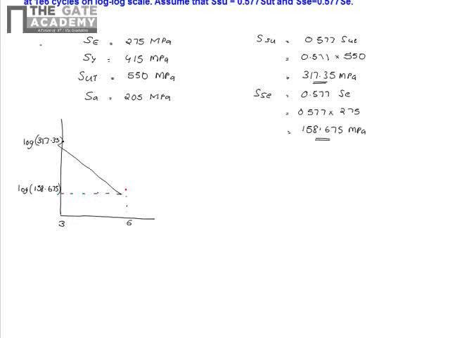Now we are given that the alternating stress is 205 megapascal. So SA will be log of 205 megapascal. Log of 205 will become 2.31175. So that will be somewhere here, log of 205. We have to find the number of cycles corresponding to this value of stress.